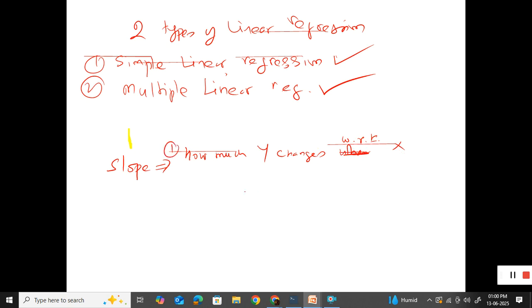We can see it this way, or at a very granular level we can say it this way: how much y changes for every 1 unit increase in x.